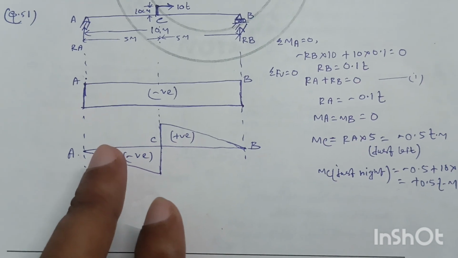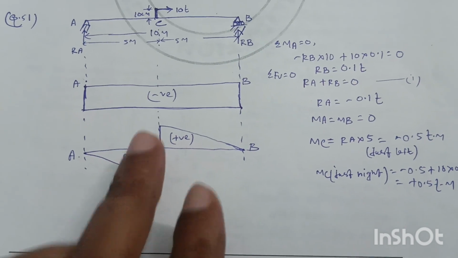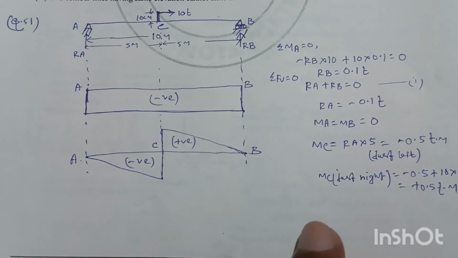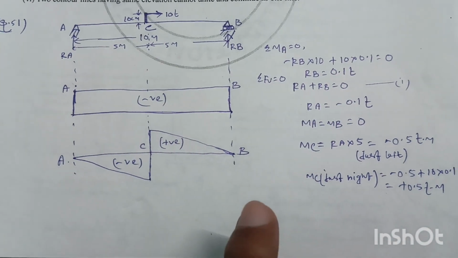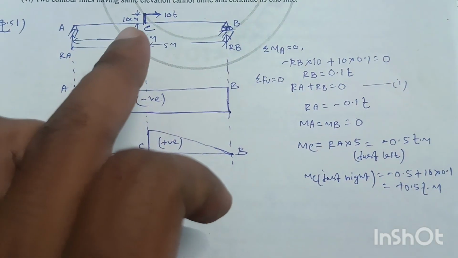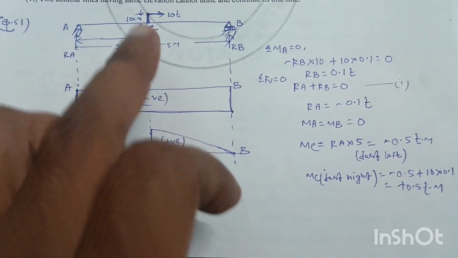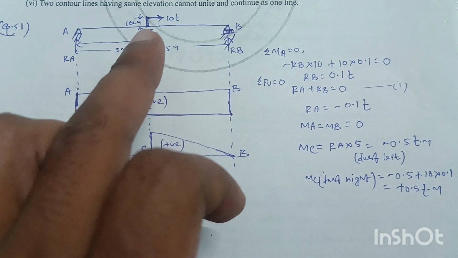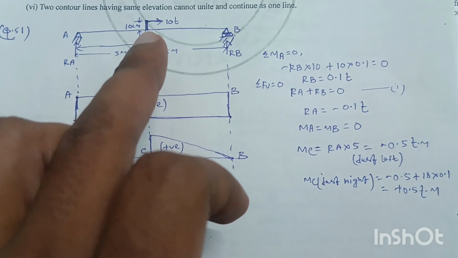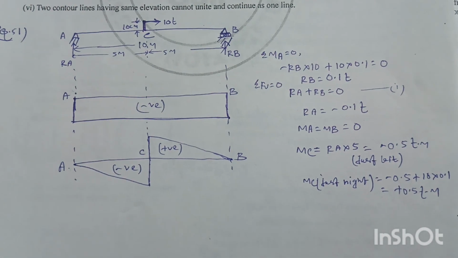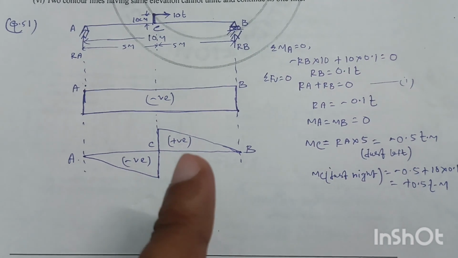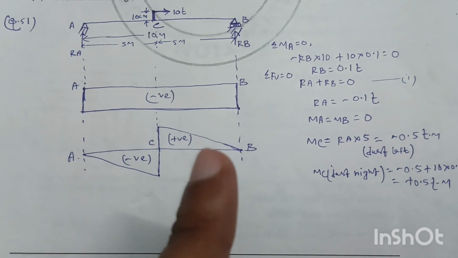And the moment just right of C, where this clockwise moment at the center is involved, will be minus 0.5 plus this clockwise moment 10 into 0.1. 10 tons is the force and 10 centimeters is the distance, so moment equals force into distance. So if we calculate, MC just at the right of C will be 0.5 ton meter.